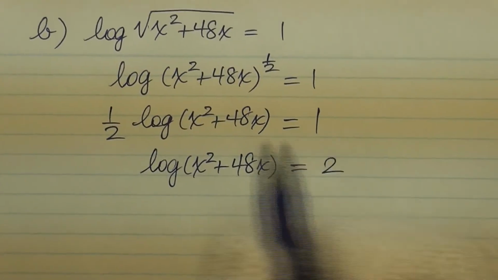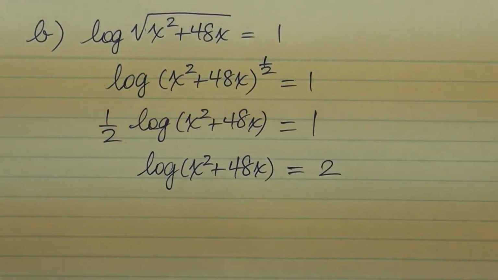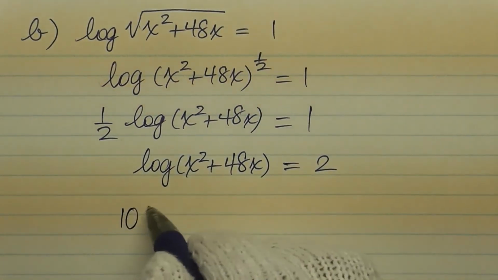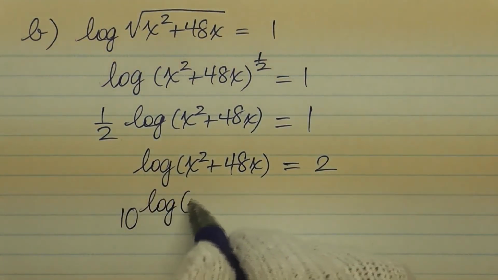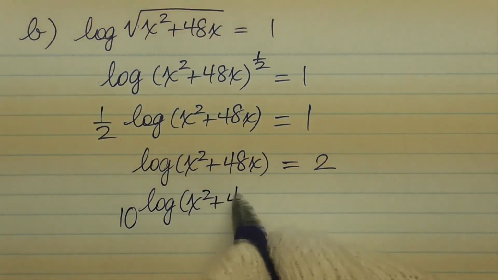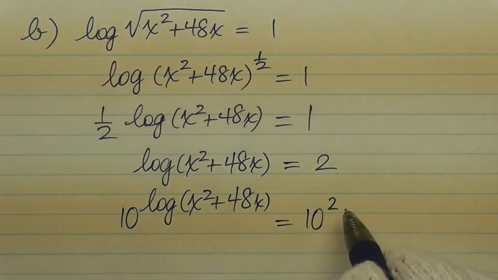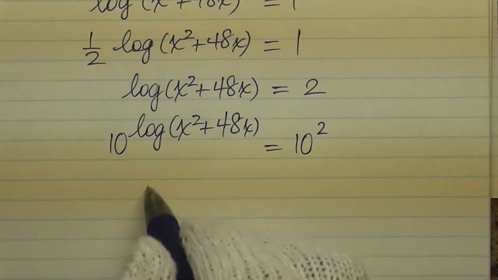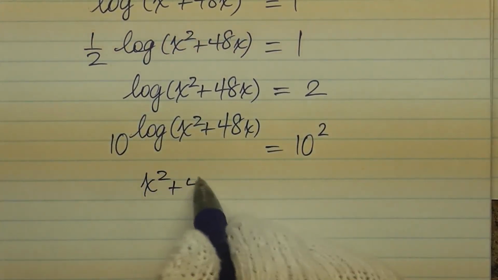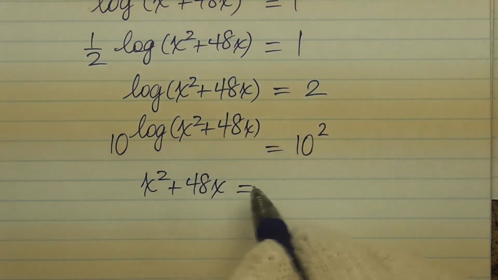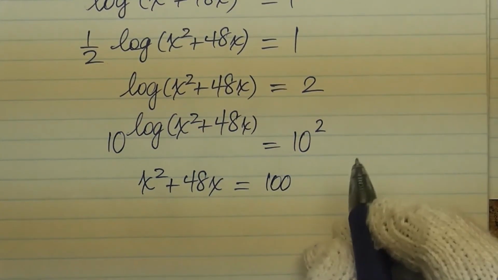Another way to think of it is just multiplying both sides by 2. I'm going to raise both sides. This is going to give me x squared plus 48x equals 100.